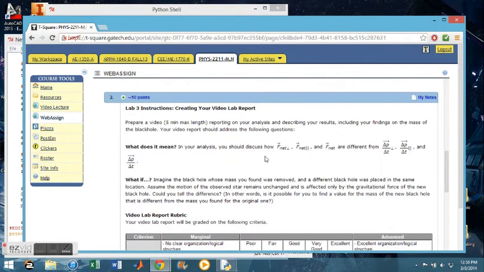Now we will move on to the what does it mean question. So we should discuss how F net and its components are different from dp/dt and its components. As we use the Python program to discover, dp/dt is the description of the movement of the star, which is the object in question.